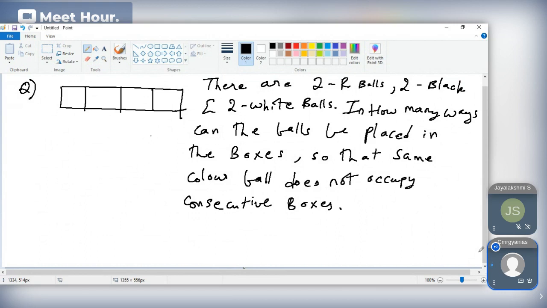It's a very, very simple question what I've given you. But only thing here, I have not told you whether it is permutation or combination. Just use your logic and solve. I will give you another two, three minutes.